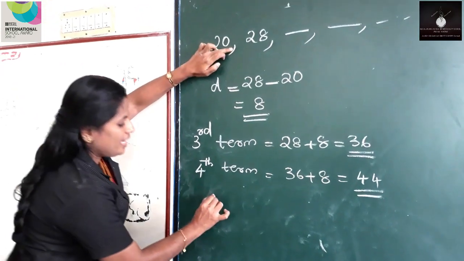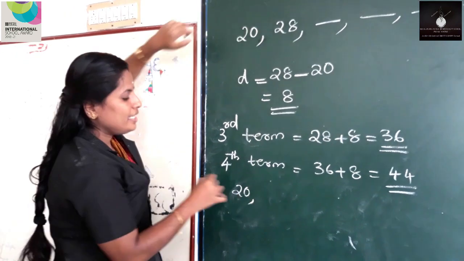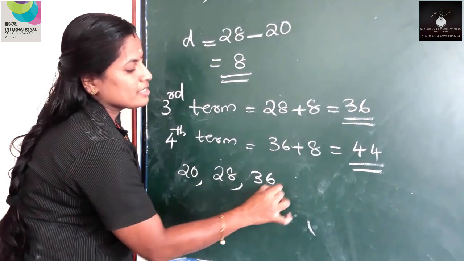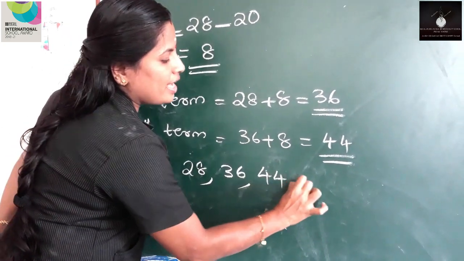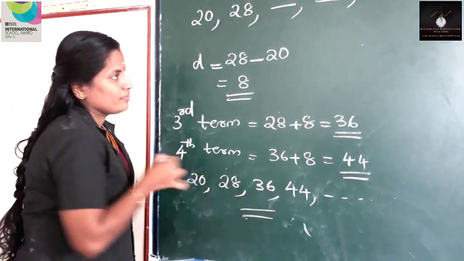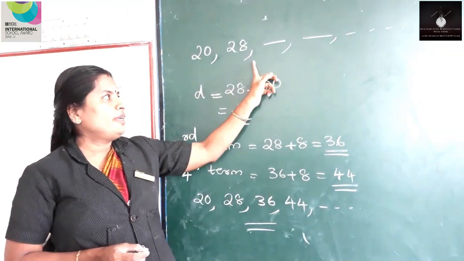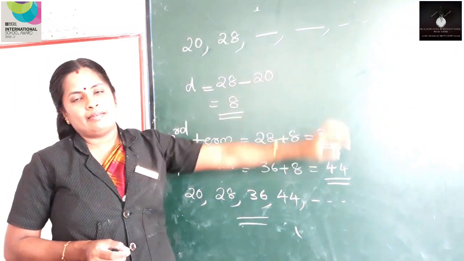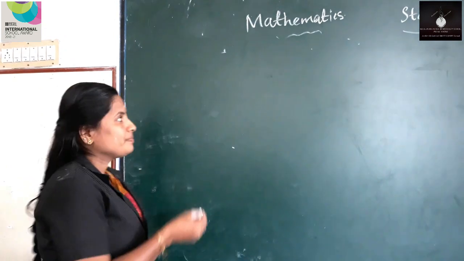So now we can write 20, 28, 36, 44 and so on. If you know the common difference, you will be able to write the other terms well. Let's do a problem.